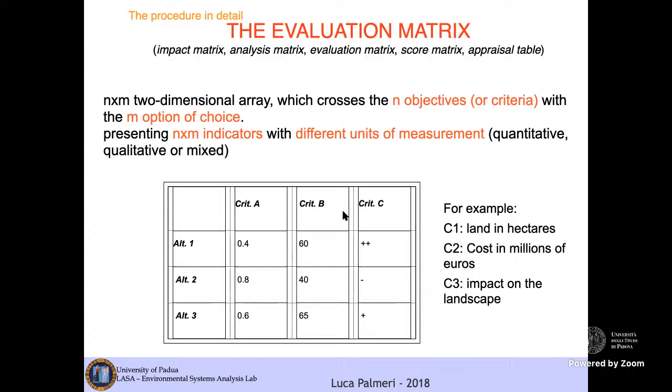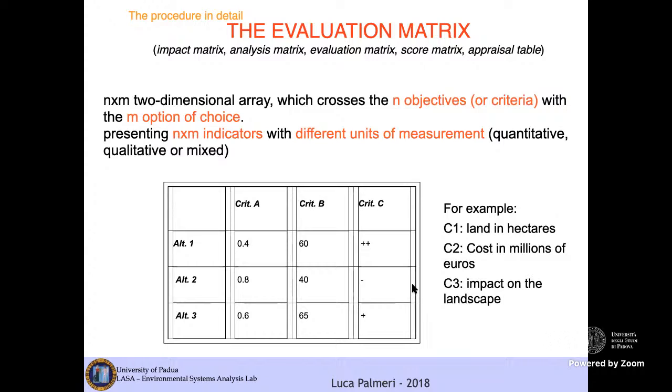I give you here an example of formalization of the criteria. For example, for criterion A, that is maybe the first one, the land expressed in hectares, you may express 0.4 hectares, 0.8 hectares, 0.6 hectares for alternative 1, alternative 2, alternative 3. Criterion B, we said it is a cost, for example, 60 millions of euros.